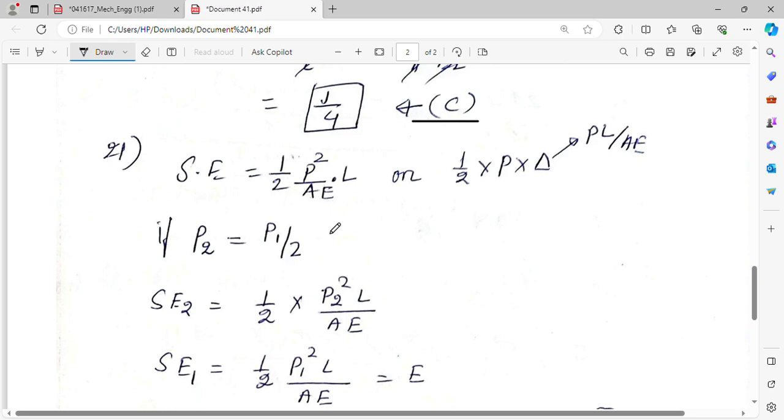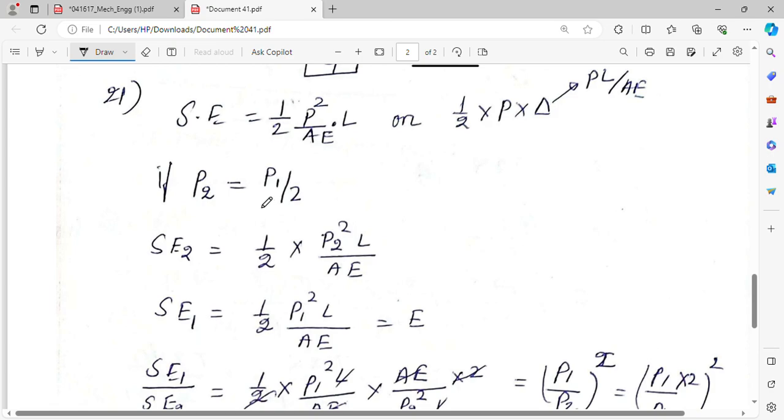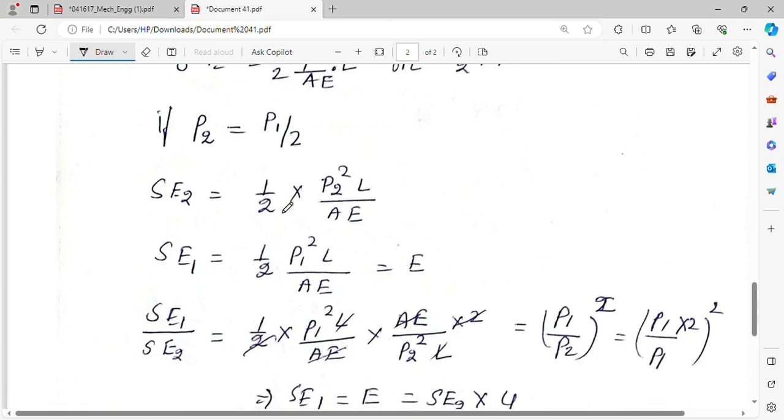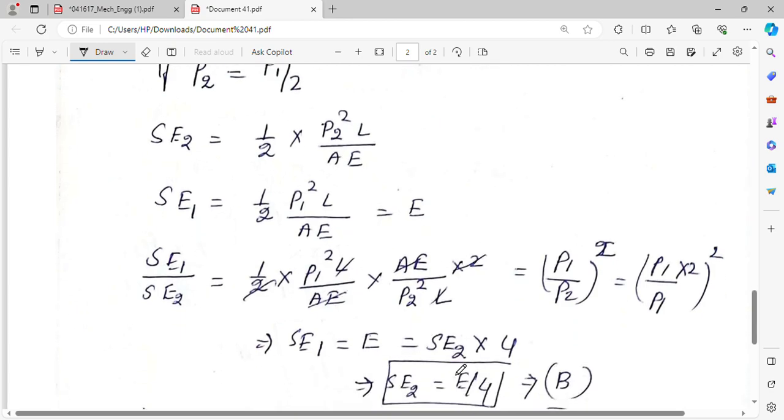If the load is decreased to P by 2, that means the new load P2 is equal to P1 by 2, so after putting the value, we get E by 4.